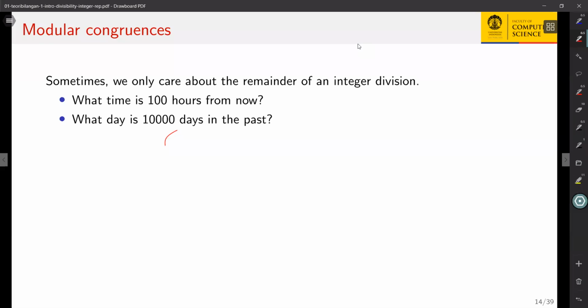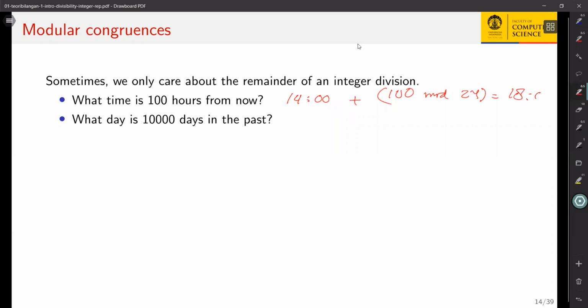So let's say the time now is, let me just use the 24-hour clock, 14:00, suppose, right? And then plus, of course, 100 mod 24, which is 4, so it is 18:00, right?